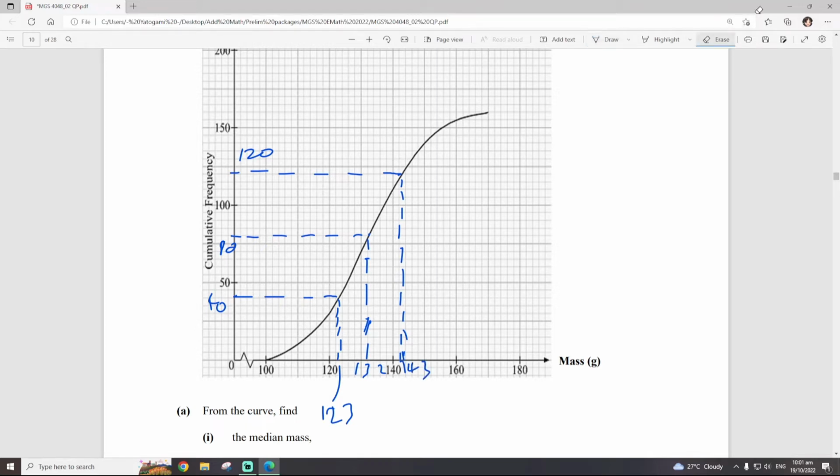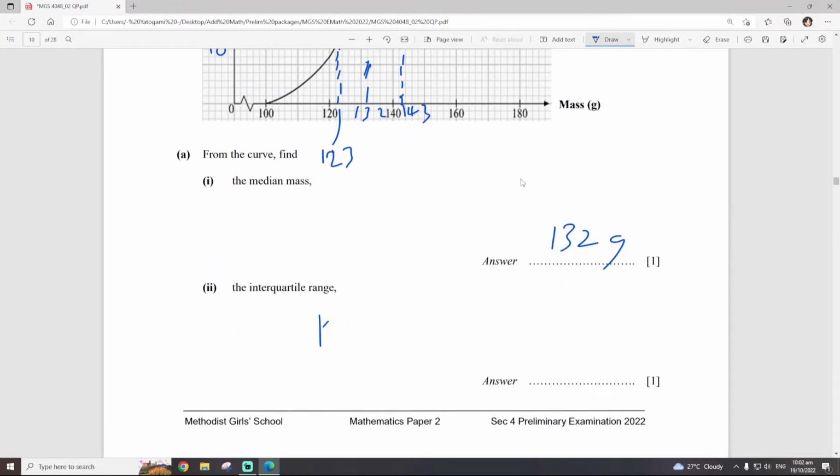I am making it a bit confusing, but it is between the squares, so therefore it is in the middle, half of the smallest division. So it's 143. Okay, so 143 minus 123 is 20 grams.